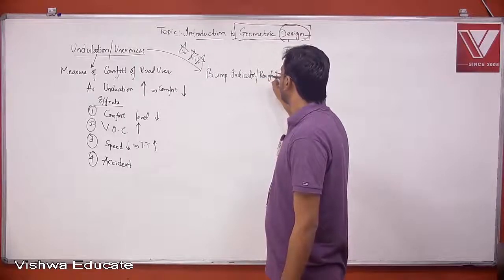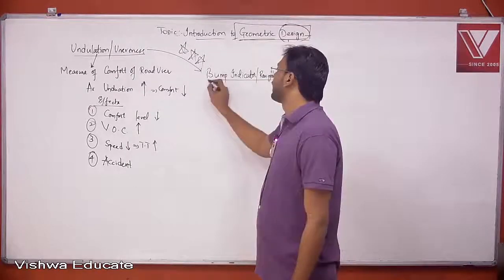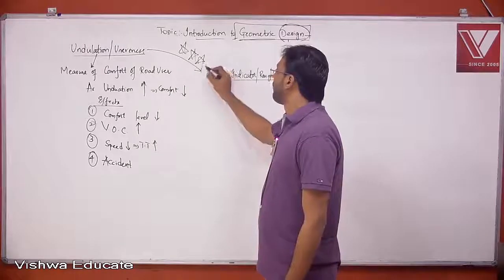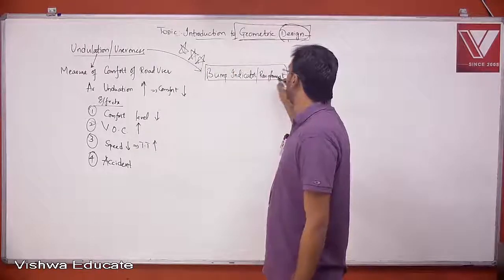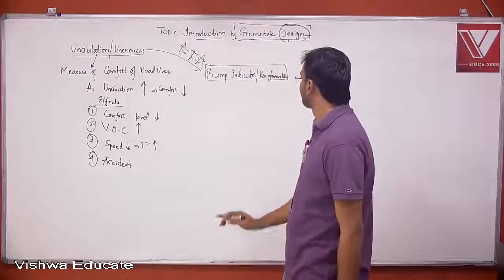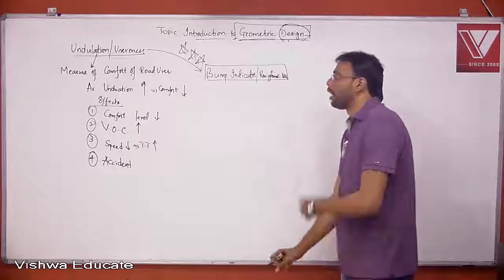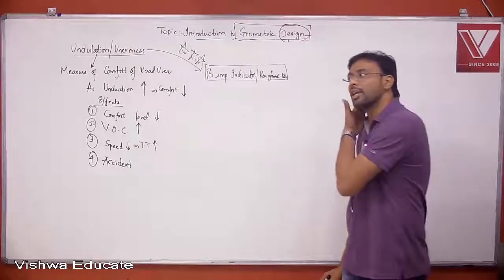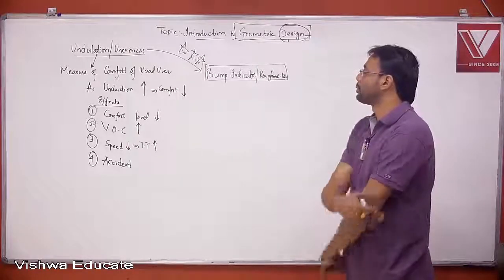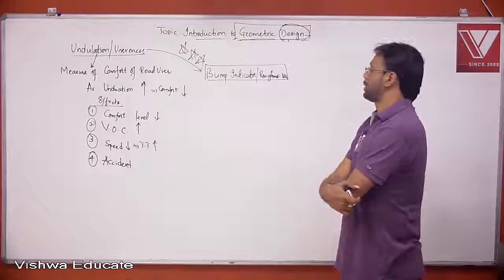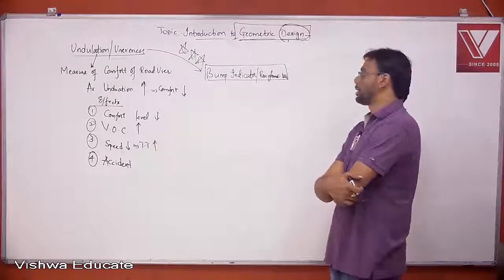A very important 1 mark bit again, bump indicator or roughometer. Undulation or unevenness can be measured with the help of an instrument called a bump indicator or roughometer.